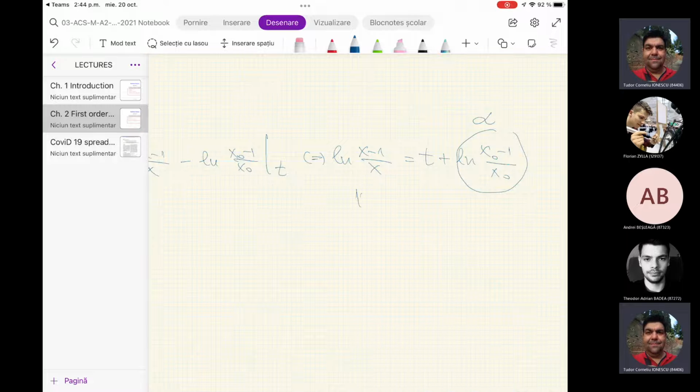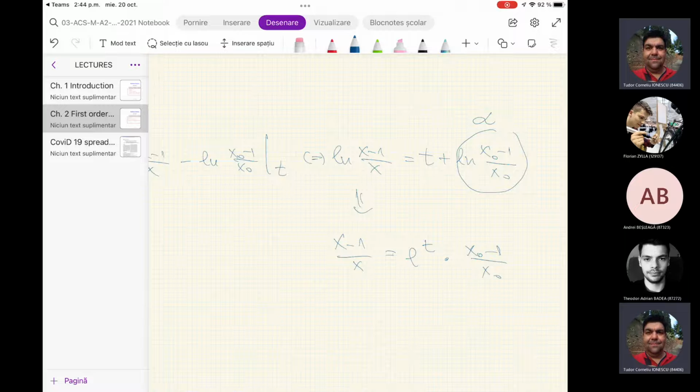Then you get the exponential: x minus 1 over x is the exponential of t, times, because we use now the property of exponentials, x naught minus 1 over x naught.